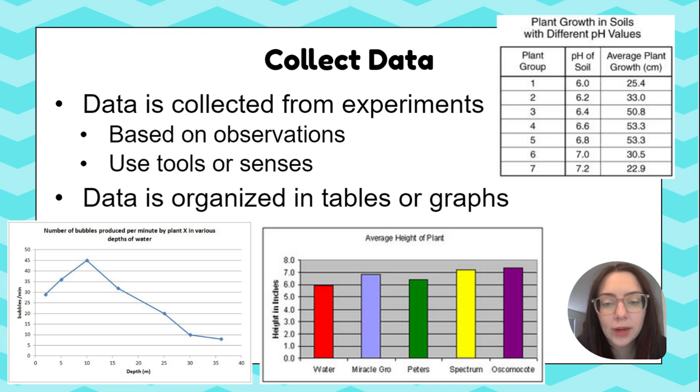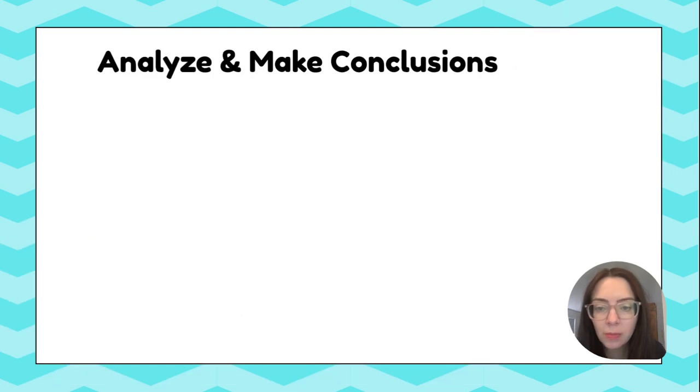So we'll organize in tables like so. Okay. And then graphs. We'll be talking about graphing briefly. You will be getting a little cheat sheet to help you figure out what type of graph to use. When you get that cheat sheet, make sure that goes in your table of contents and in your notebook. Great. Then we analyze and make conclusions at the end.